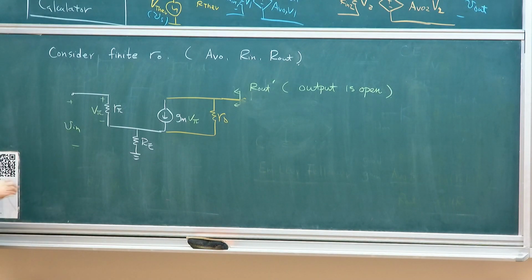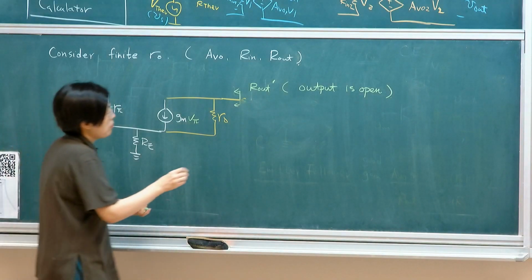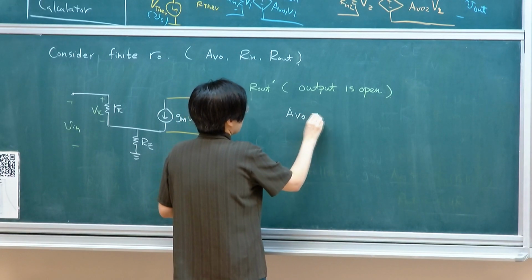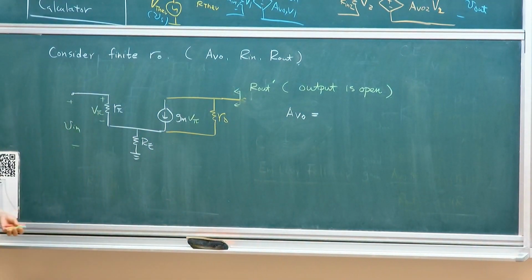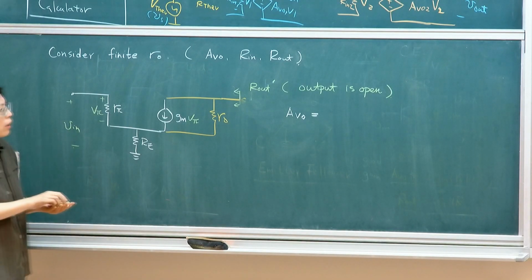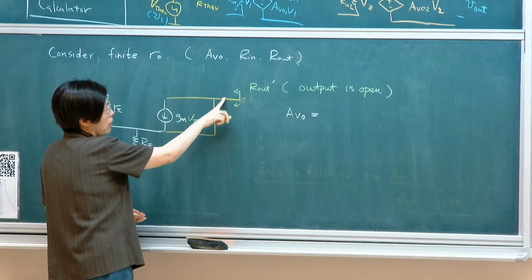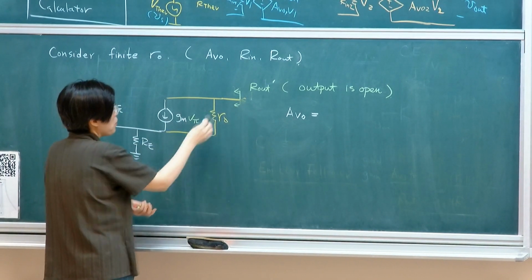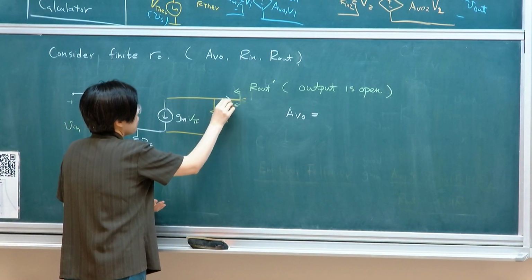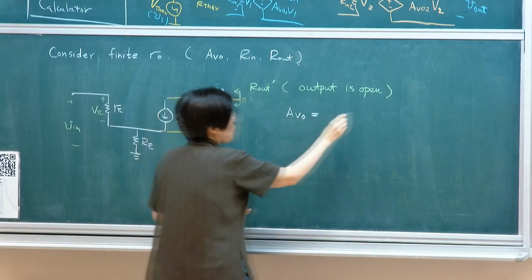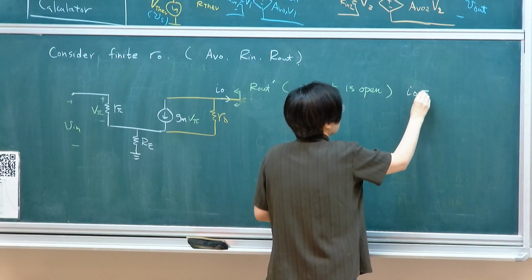So if this is the case, let's look at AV. It is a little bit tricky because when your output is open, this simply means that the current going out, I/O, equals 0.